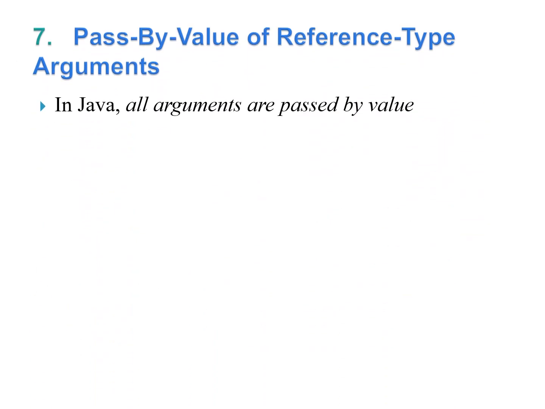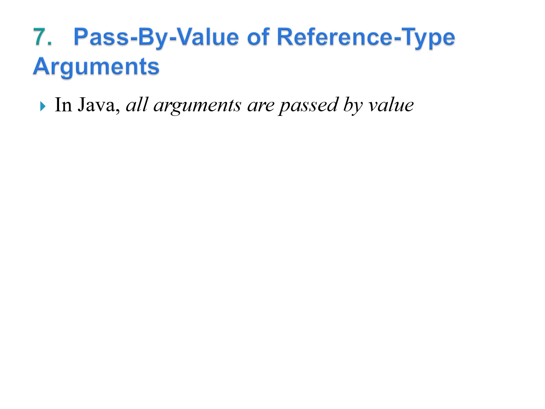Note that Java does not allow you to choose a pass-by value or pass-by reference, as in other languages like C or C++. In Java, all arguments, including reference type arguments, are passed by value.